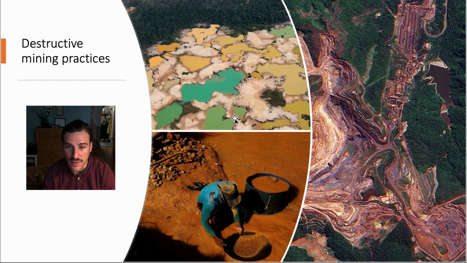It'll take thousands and thousands of years for this to return to an old growth section of the Amazon. And you can see even over here, the actual deeper mining practices, you totally change the way of the land. This will never return to its original state.